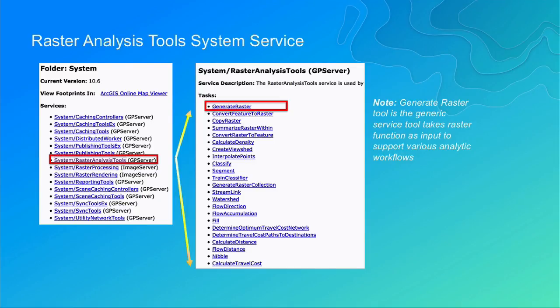So all these operations you saw Vinay doing, configuring function chains, loading a function template in the web map, essentially send the definition of the raster function to the Generate Raster tool along with the input information, and it calls the Generate Raster tool to generate the output for you.